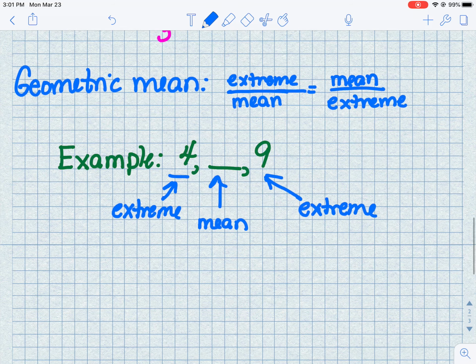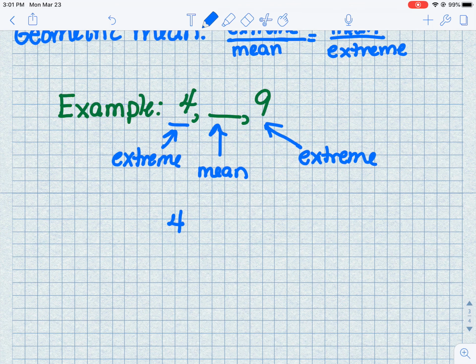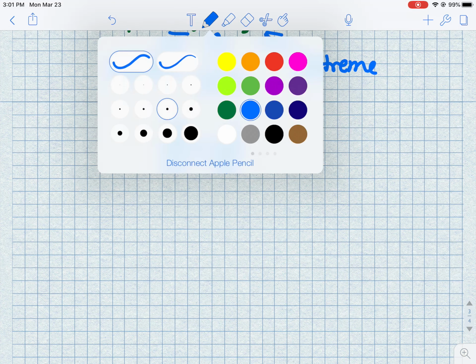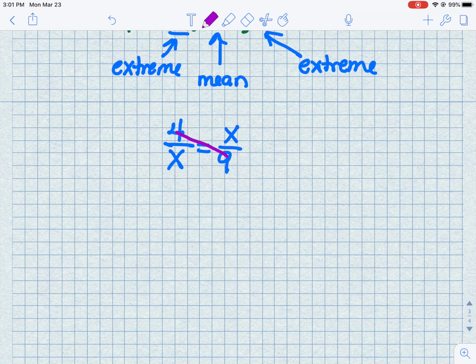So let's put that in our formula. That would be 4 over x, because we don't know the mean, equals x over 9. So far, so good? Now this should look familiar. This is a proportion, so this is cross product, cross multiply, whatever you want to call it. 4 times 9, 36. X times x, x squared.